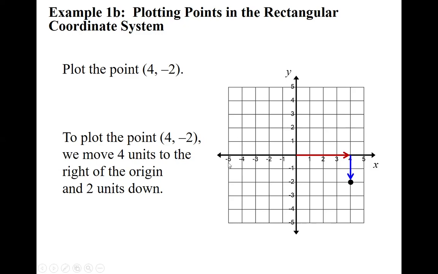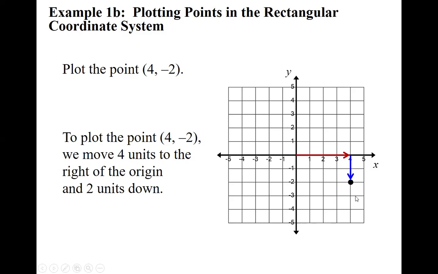Now, looking at the coordinate plane, something you might need to know at some point are the quadrants. So the first quadrant is what we call the upper right. And then the second quadrant is what we call the upper left. The third quadrant is what we call the lower left.